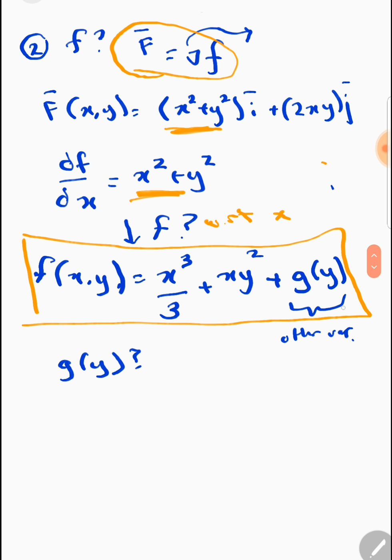So we have got this. Earlier we integrated with respect to x. So now, based on this, to find my g(y), what we're going to do is differentiate it. Alright? And now I'm differentiating this again, but with respect to dy.